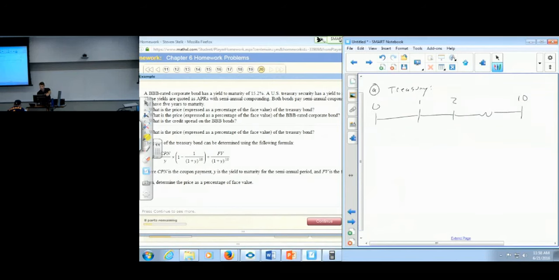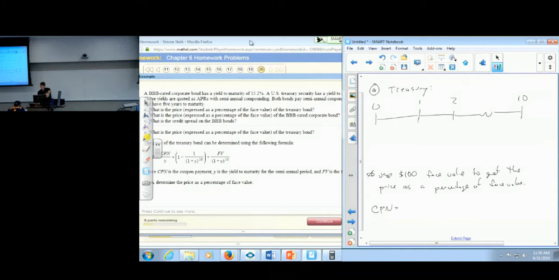All right, so let's say to get the price as a percentage of face value. All right, so knowing that, my coupon payment is the coupon rate.